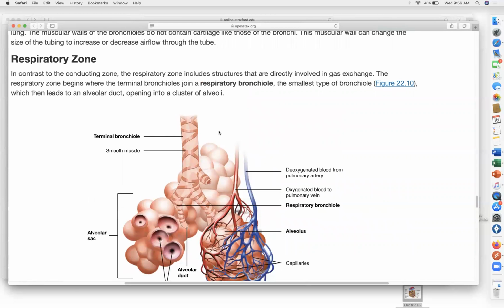So when even the littlest dust particle gets into the respiratory system, it signals massive amounts of mucus and massive amounts of constriction in these smooth muscles. Hence, sometimes you get the wheezing, and then you'll definitely get the dyspnea, or shortness of breath.